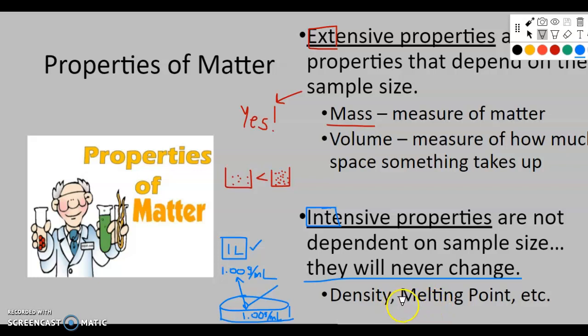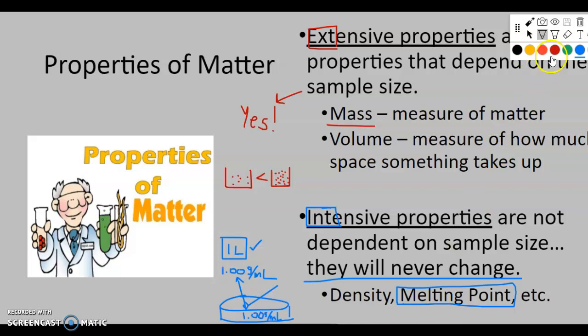The same goes with melting point and boiling point. It doesn't matter how much substance you have, they're still going to end up melting and boiling at the same temperature, because that is an intensive property, and that property is fixed. Intensive properties typically can be used to identify substances. So if you have 2 different substances, they should theoretically have 2 different densities.